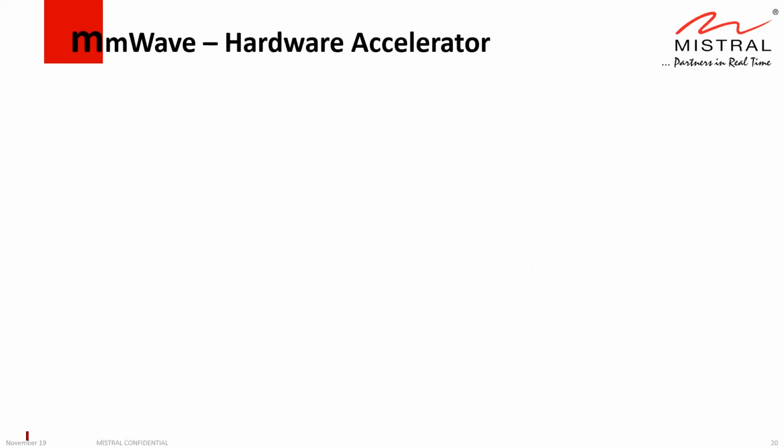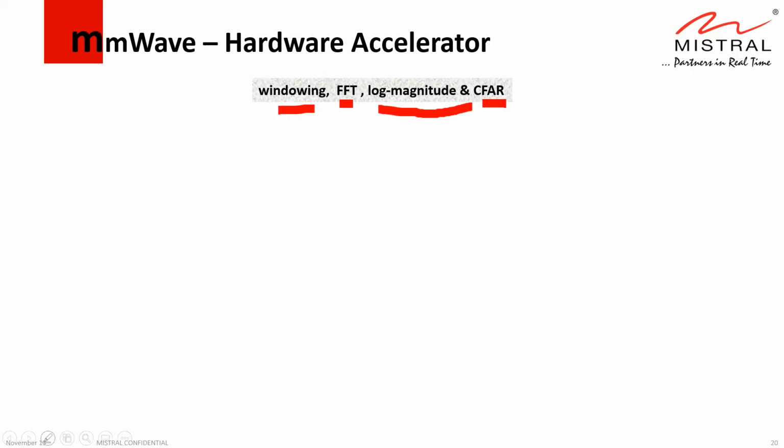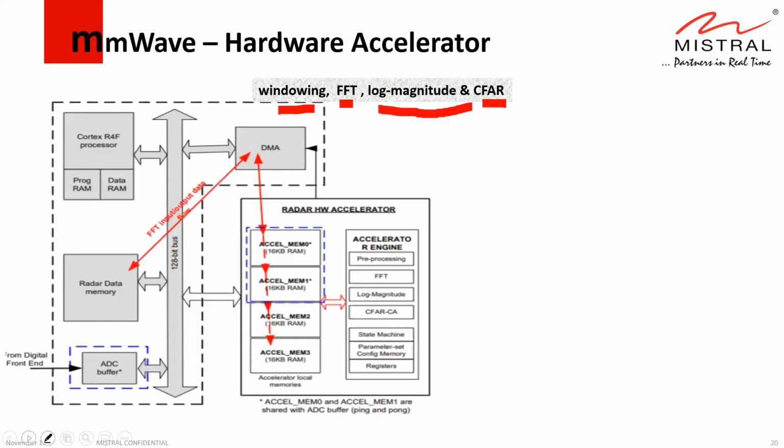So what does a hardware accelerator do? The main function is FFT and windowing of data, and after the FFT you do the log magnitude and CFAR algorithms to classify the objects.